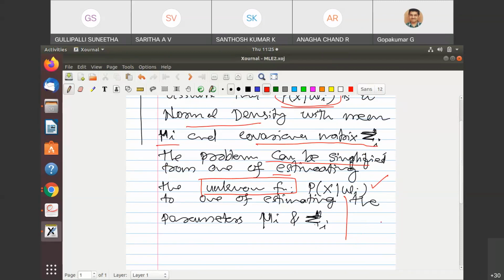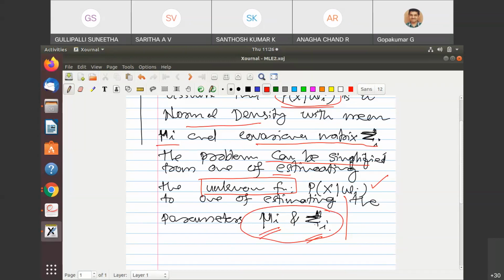We know the complete analysis of a normal density. So we assume there are two parameters, the mean vector and the covariance matrix, and we try to estimate these two from the given data.